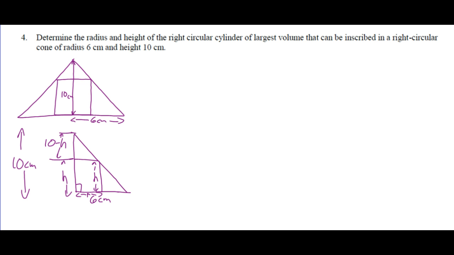So I think we've got some similar triangles. We get this little triangle here, which is 10 minus h and r, and the big triangle here, which is 10 over 6. So 10 minus h over r, this ratio, will be equal to 10 over 6. Little triangle, big triangle.